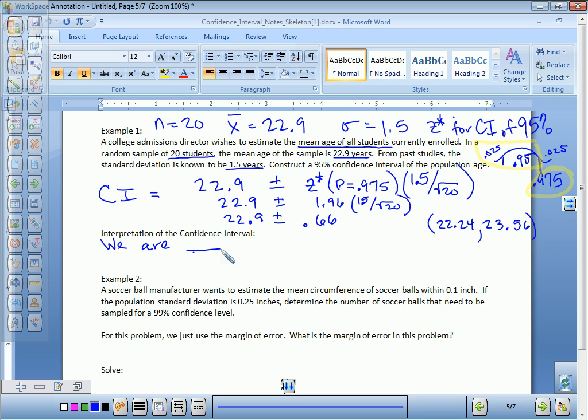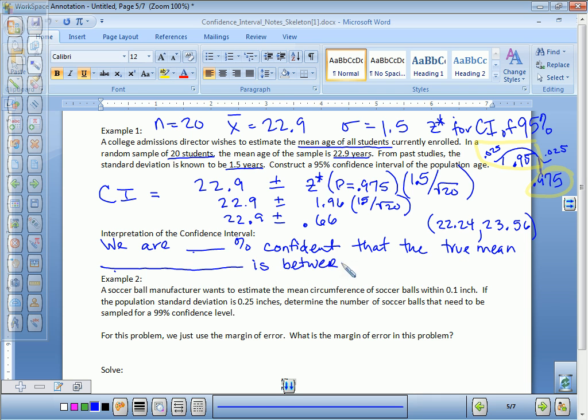We are blank percent confident that the true mean, and then here we have to say what the problem's about, is between, blank and blank. This is statistics. So all of you that are signed up for statistics, this is statistics.